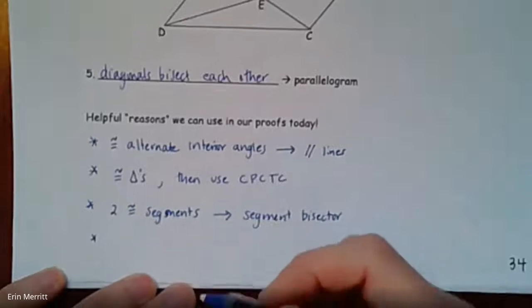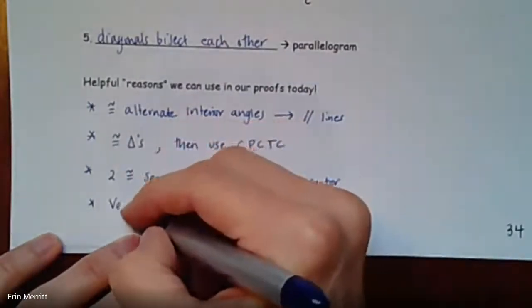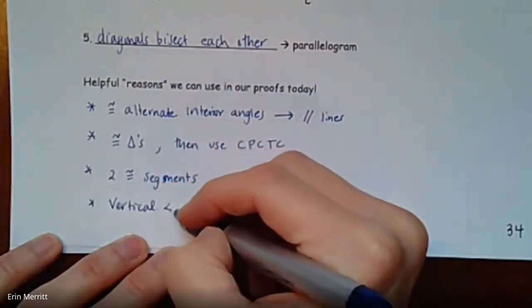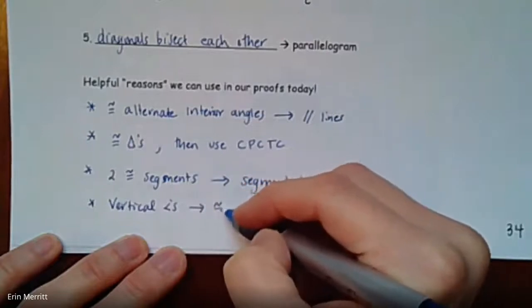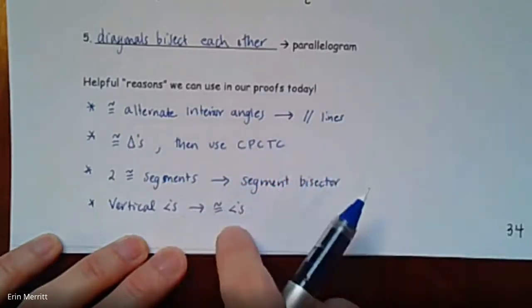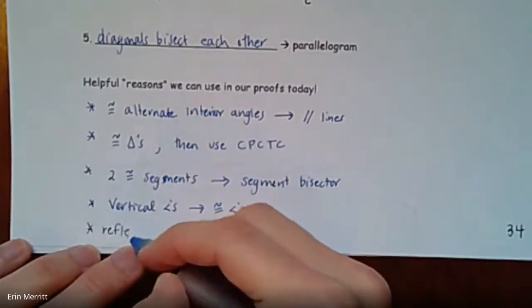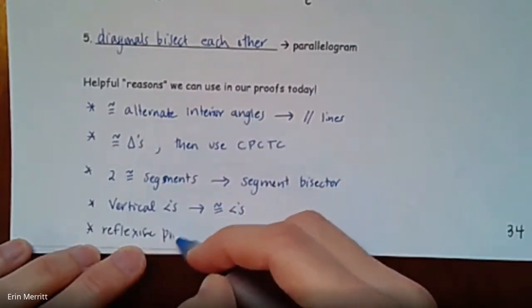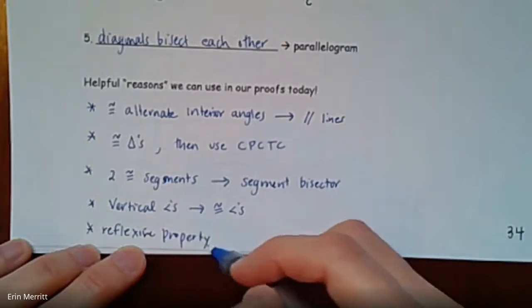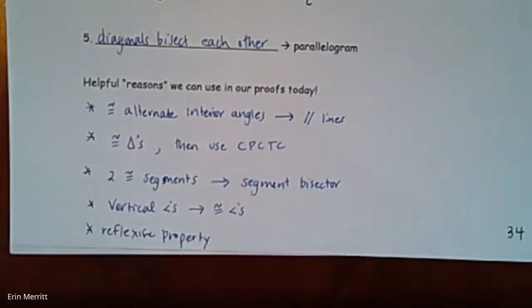Stuff that's always good to use: vertical angles imply that we would have congruent angles, and feel free to use that angle abbreviation anywhere you like. And then the reflexive property will still be super useful here. Those are just some of the ones that will be helpful to recognize and to look for within the proofs themselves. So let's flip it over.